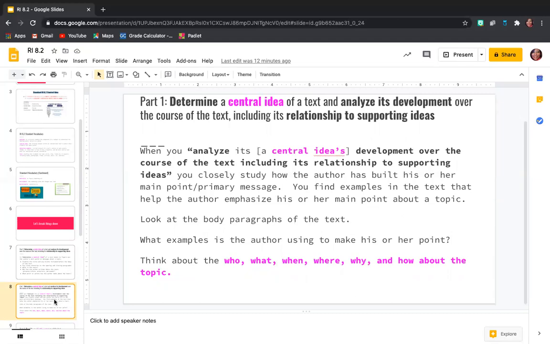You find examples in the text that help the author emphasize his or her main point about the topic. When we're doing this, we're looking at the body paragraphs of the text. So we're looking at the text as a whole. What examples is the author using to make his or her point? While we're going over those body paragraphs of the text carefully, we are picking out the who, what, where, why, and how about the topic.